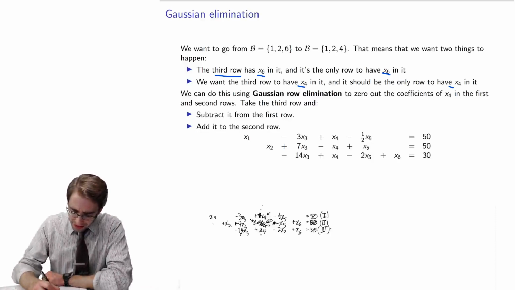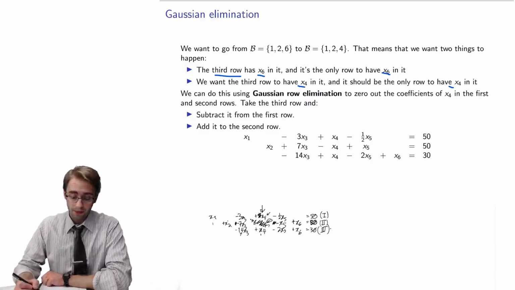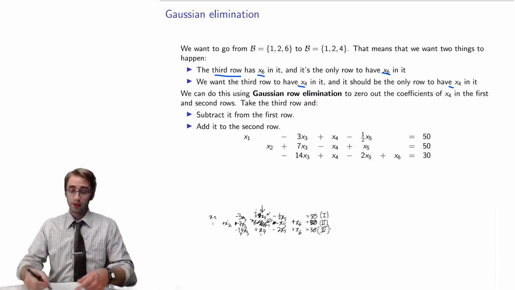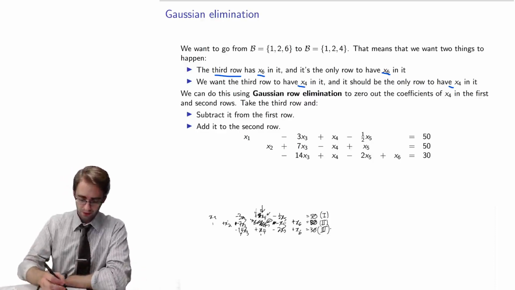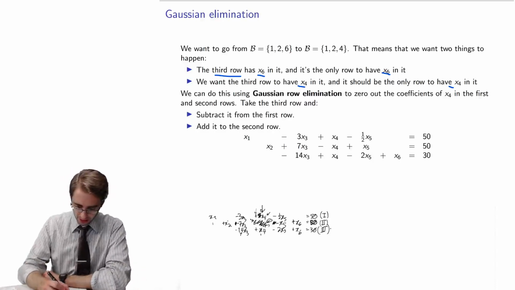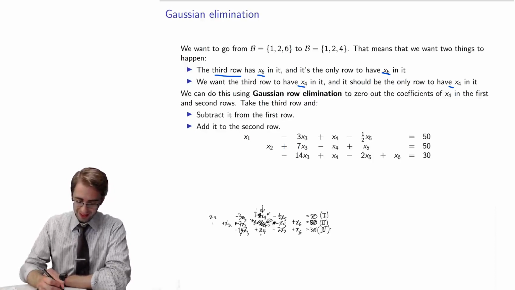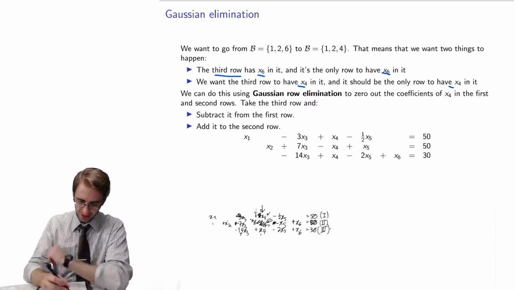I'll zero out this x4 in the top row too, and the way I'll do that, since I have a plus sign next to it, is I will subtract the third row from that first row. So x1 doesn't change, x2 doesn't change, minus 3 minus negative 14 x3 is minus 3 plus 14, which is 11. So this is now plus 11 x3.